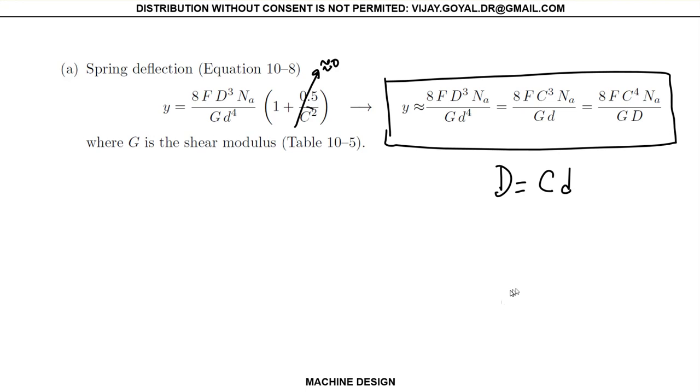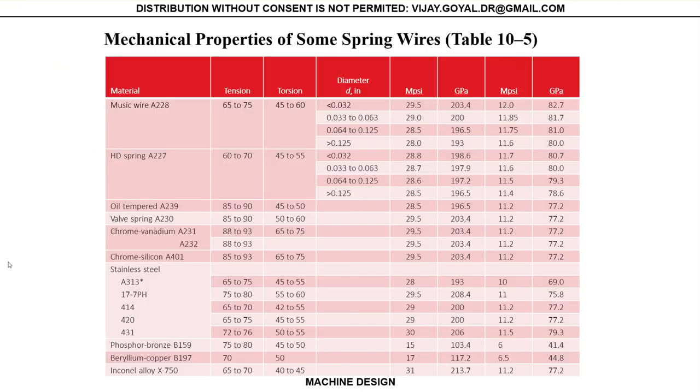And this G comes from the tables. This is your shear modulus, and it comes from this table right here, table 10.5. Just note that for an example, I'm working with high spring or different steel with stainless steel.